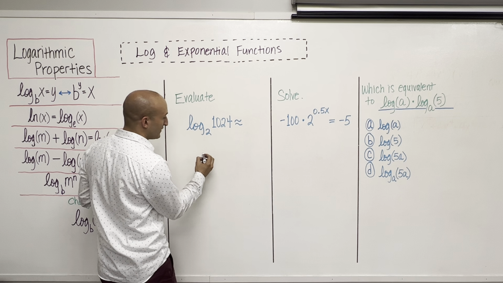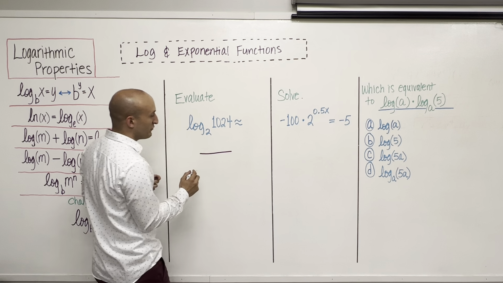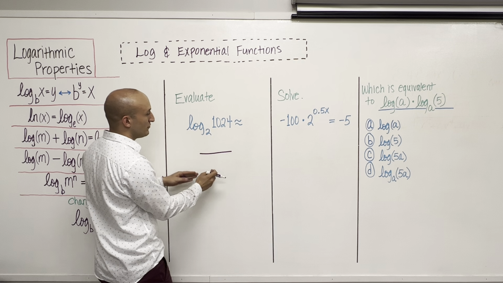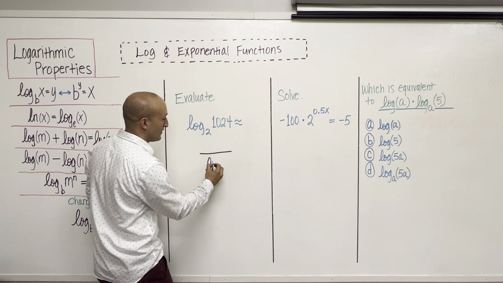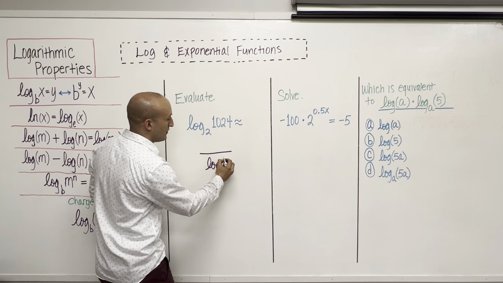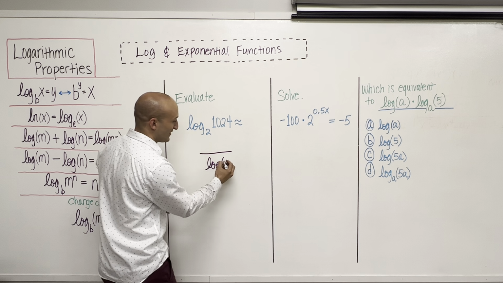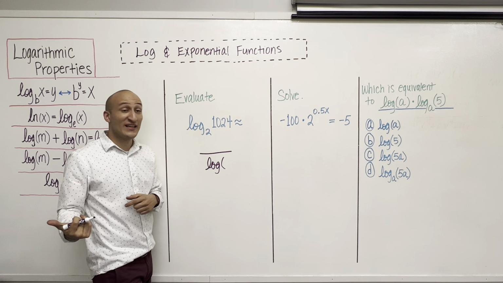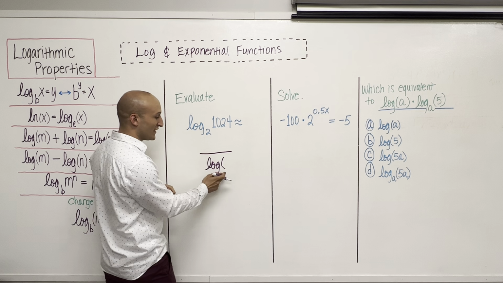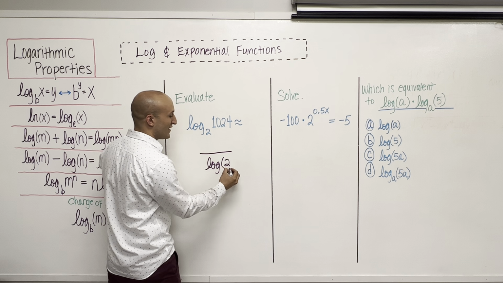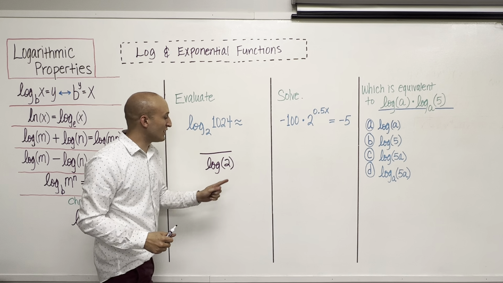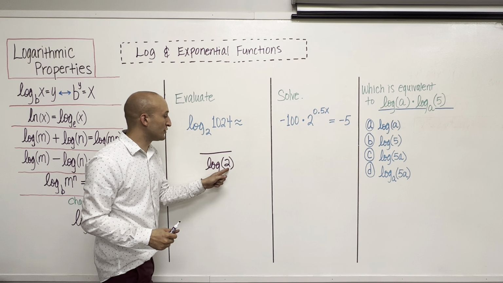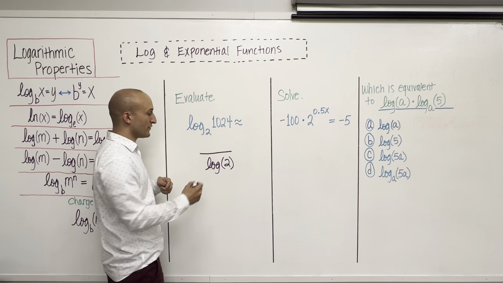so I can rewrite this as, remember my base will go in the basement, so log base 10, which is convenient because that's what our calculator likes, okay? And I'm gonna take the log of my base, or log of 2, because my base is 2 here, okay?